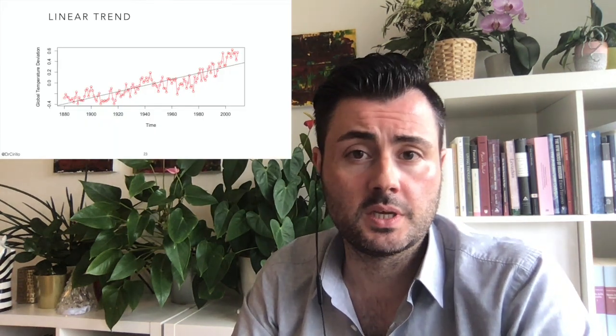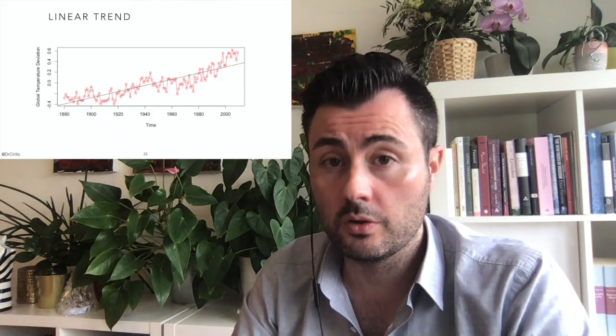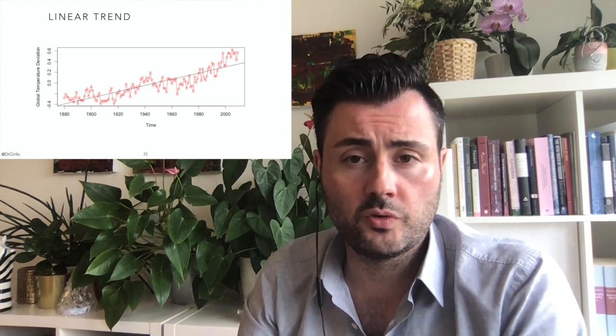Let's go back to the time series of the global temperature deviation that we have considered some minutes ago. What I want to show you very briefly, without entering for the moment into the details of the interpretation of the ACF, is what happens to the ACF of this time series if we apply linear regression or differencing.